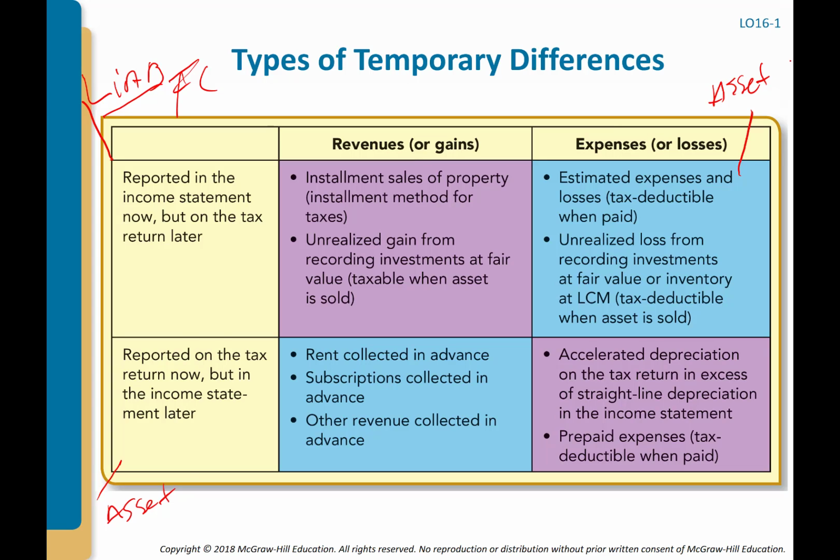We sit here, and the Congress, the president, wants us to take depreciation faster for some reason, right? Why would they want us to take depreciation faster? What good is it if I take depreciation faster? I get a better tax deduction sooner, right?